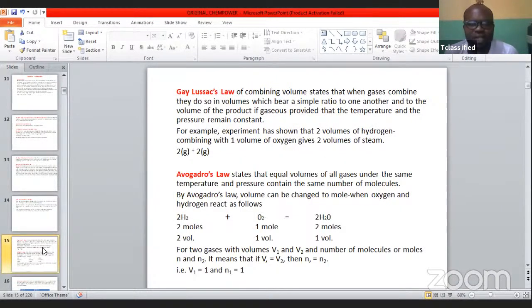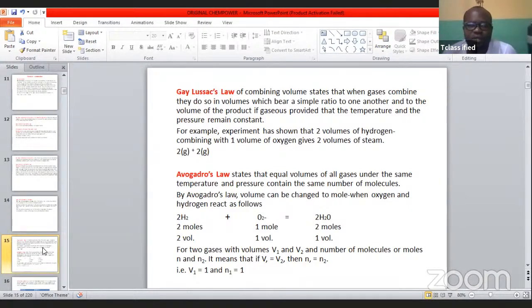Let's look at Gay-Lussac's law of combining volume, which states that when gases combine, they do so in volumes which bear a simple ratio to one another. So take note of this law. This law is talking about combination of gases. Whenever they combine, just similar to what the law of multiple proportion is also telling us.